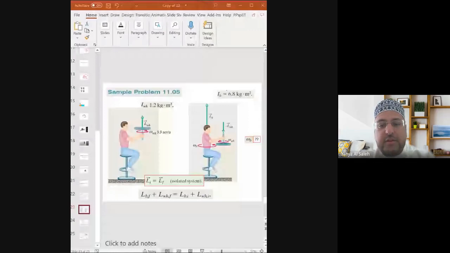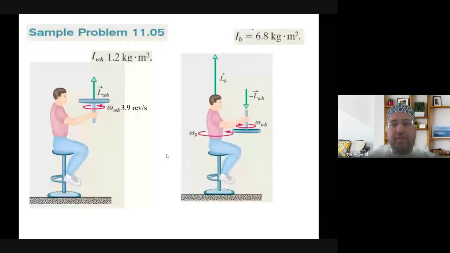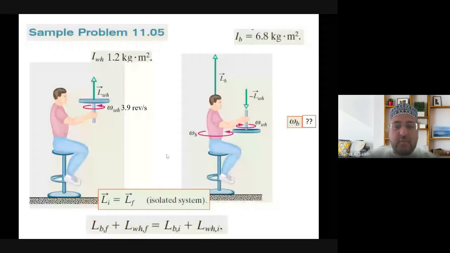Now this looks like a really complicated problem, but in reality it's actually really simple once we finish reading it. What is the information we know? I wheel is 1.2, omega wheel is 3.9 revolutions per second. Bring it upside down, the whole thing becomes 6.8. We don't know what omega is. Li equals Lf. So my angular momentum of the wheel plus the body before equals my angular momentum of the wheel plus the body after.